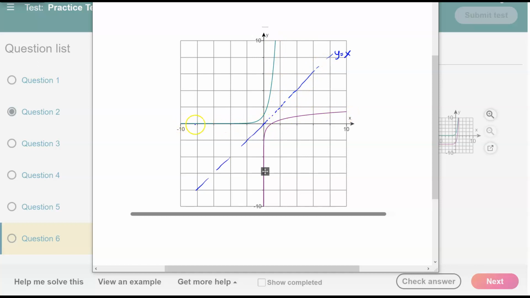And this part of the curve that approaches the line y equals 0, if it is reflected along the line y equals x, will approach the line x equals 0, which is the y-axis. So indeed, this is the graph of the two functions on the same coordinate axis.